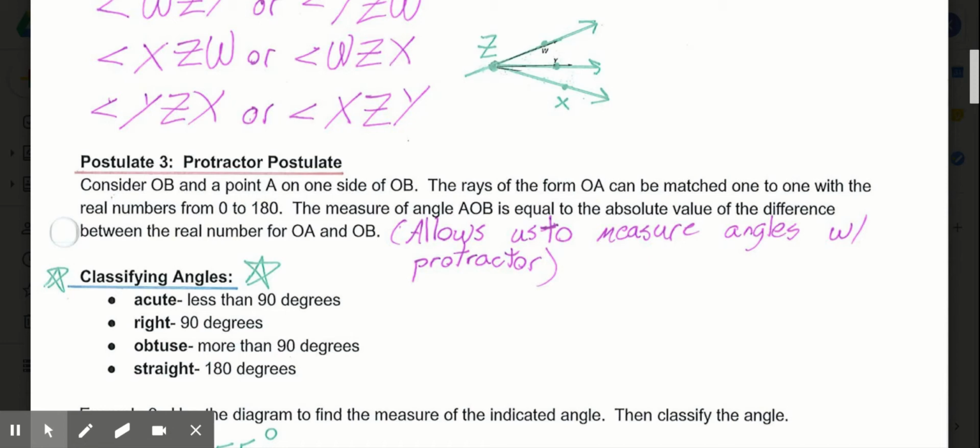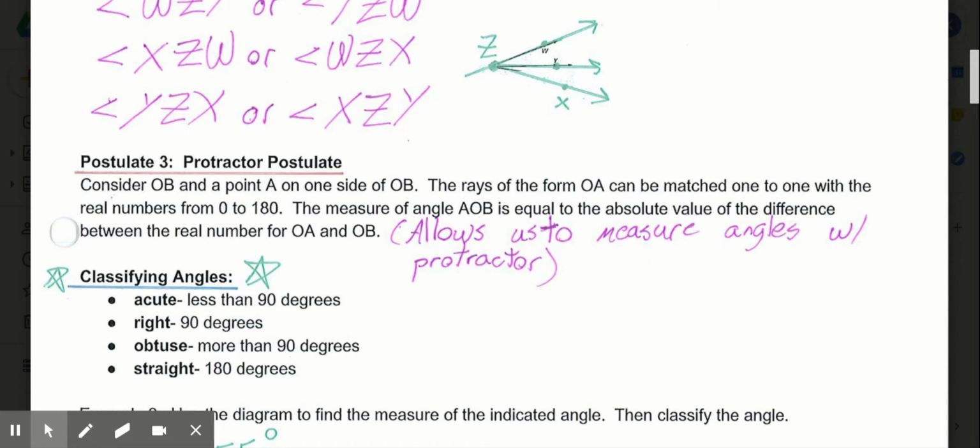What it says is consider ray OB and a point A on one side of OB. The rays that form OA can be matched to one of the real numbers from 0 to 180. The measure of angle AOB is equal to the absolute value of the difference between the real number for OA and OB.